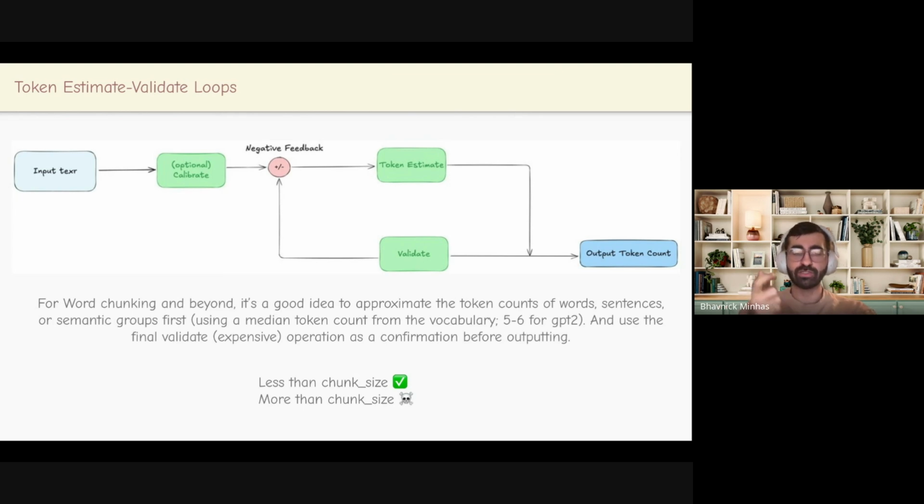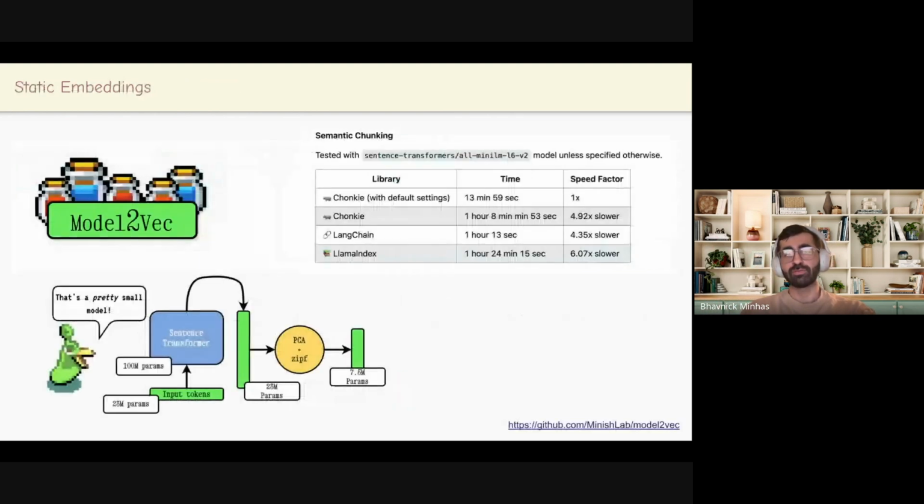Because your limits are on the maximum chunk size. But if you're more than the chunk size, that thing gets truncated by the models or the LLM. So you're good if you have a harder heuristic, as in a higher count rather than a lower count for the characters per token value.